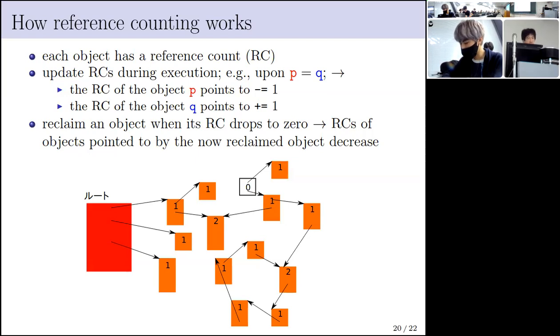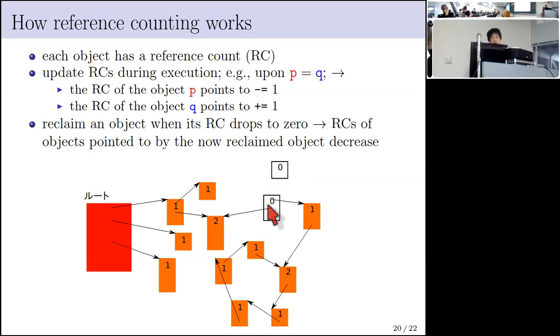But in addition to just reclaiming this object, the reference count of objects pointed to by now gone objects should be decreased by 1, right? And as a result, the reference count of those objects may drop to 0 too, right? So this continues. So these two objects can now safely be reclaimed.